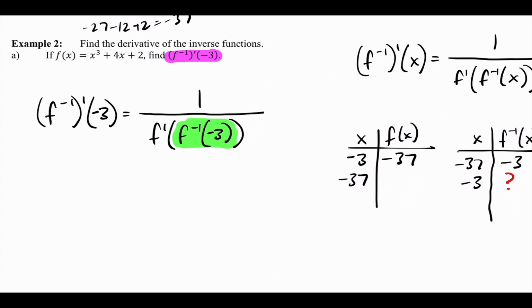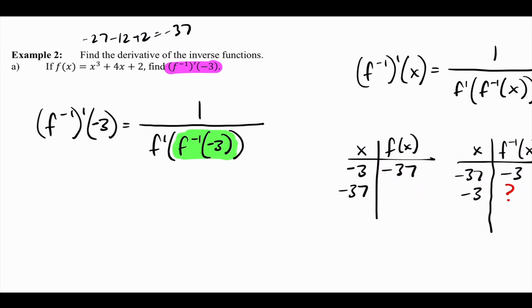We get something pretty big, right? -37 to the third is going to be negative something huge, in the thousands, right? What I'm really trying to ask is what number here do I get that gives me -3 as an answer? What number here for x do I plug in that would give me -3 as an answer to the original?